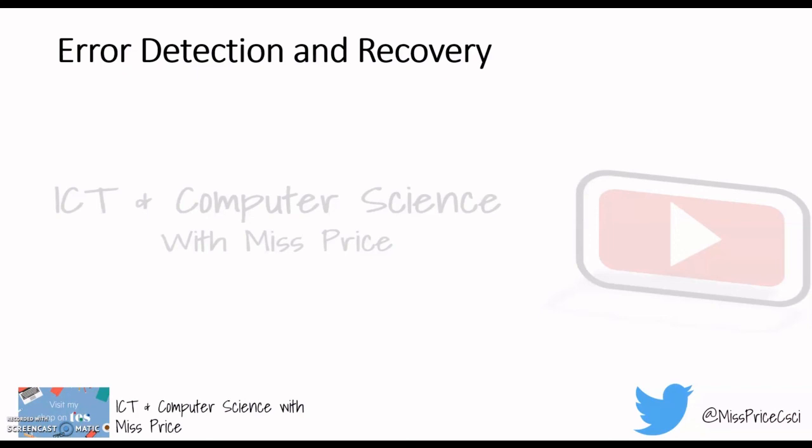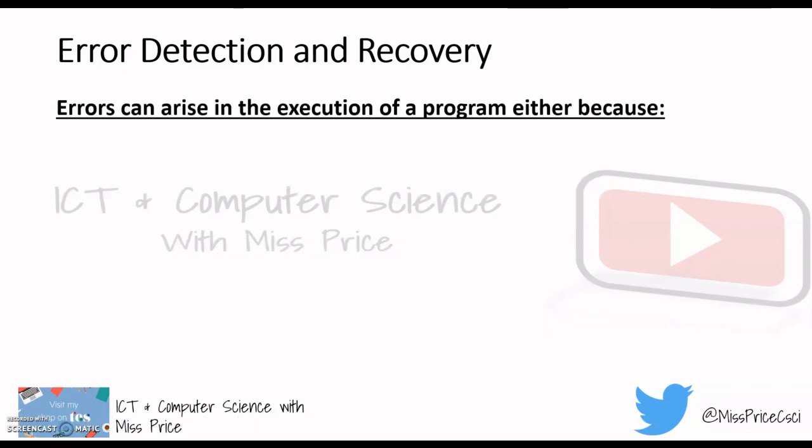Computers do get errors, as we know, for no reason. Well, there's a reason, but not many. Errors can arise from the execution of programs either because they're badly written. When you download a lot of free software, some of it simply crashes. There's a free animation software that I use with my Year 13 IT students, and when you use the text tool it crashes.